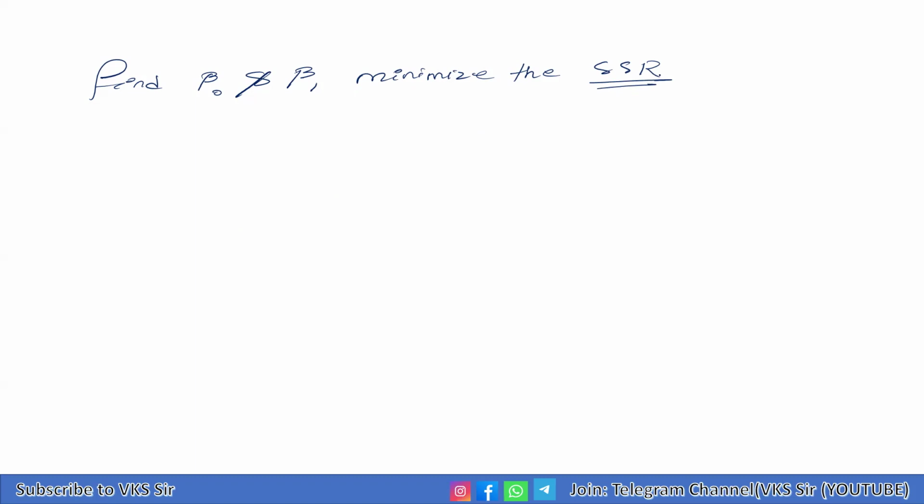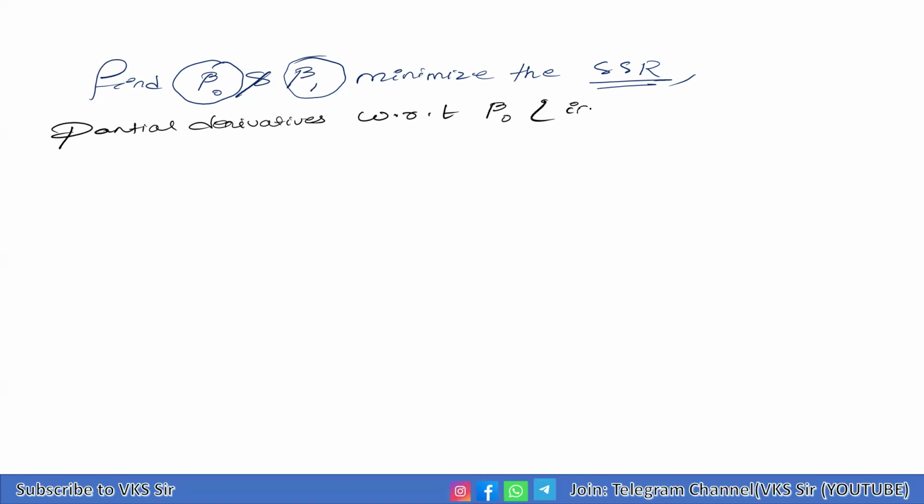For that, we take the partial derivative of SSR with respect to beta naught and with respect to beta 1. So let's go for that partial derivative with respect to beta naught, meaning the intercept.